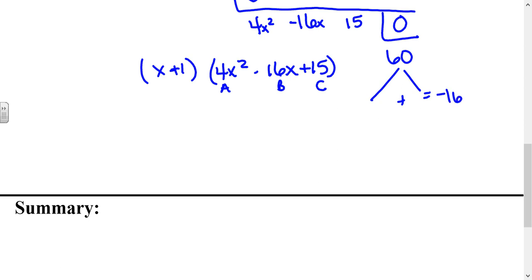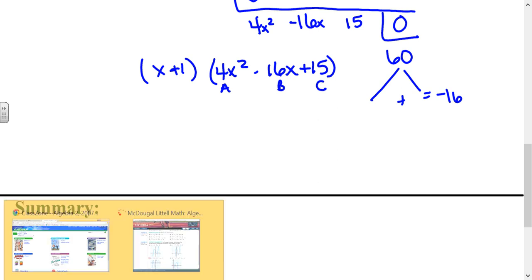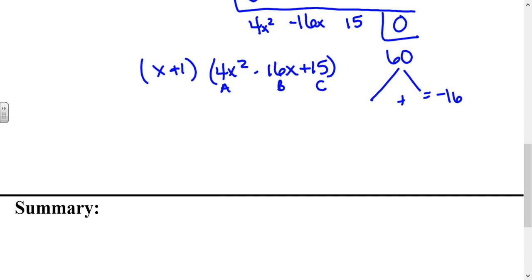So I have 1 and 60, 2 and 30, 3 and 20, 4 and 15, 5 and 12, 6 and 10. If I did 6 and 10, they would both have to be negative for this to work out. Then I don't just write those as my answers.